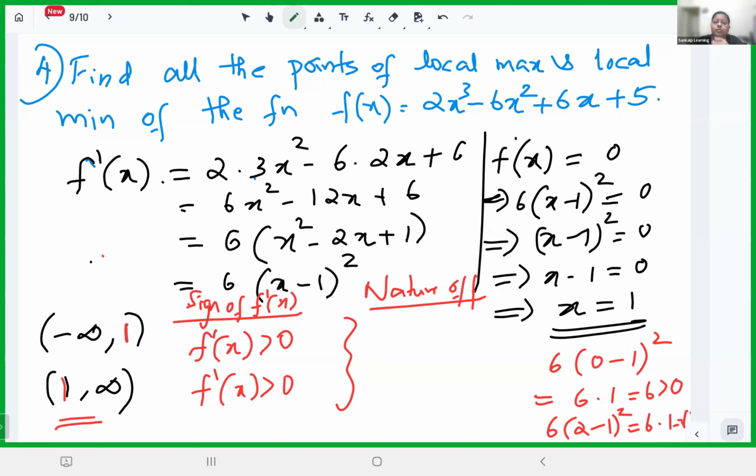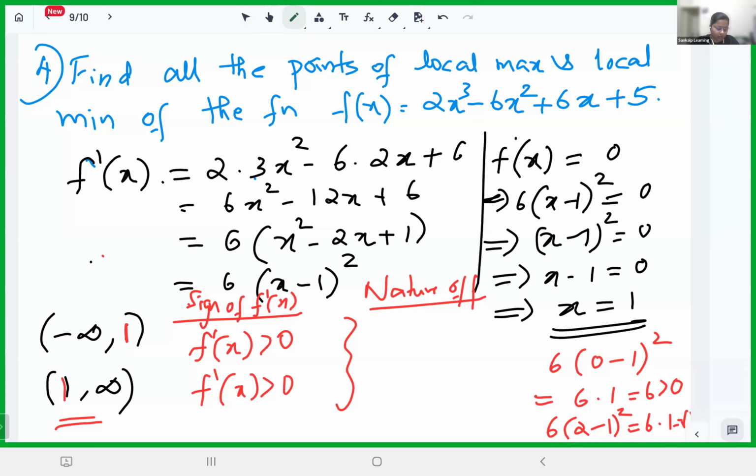So is there any point of local maxima or local minima for this function? No, because there is only one critical point, and that critical point is a point of inflection. So we can say that this function has no points of local maxima or local minima.